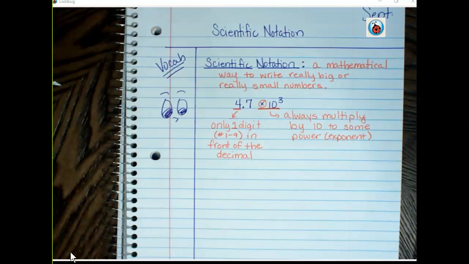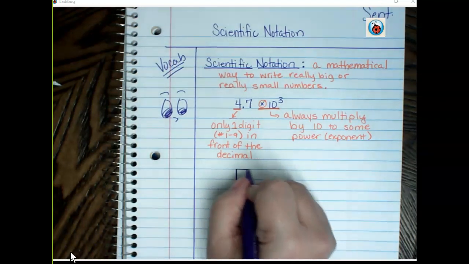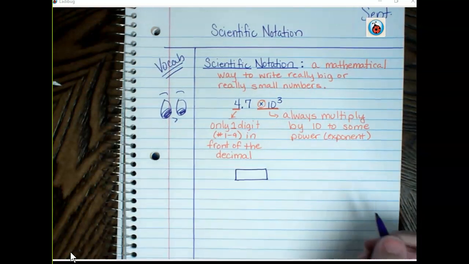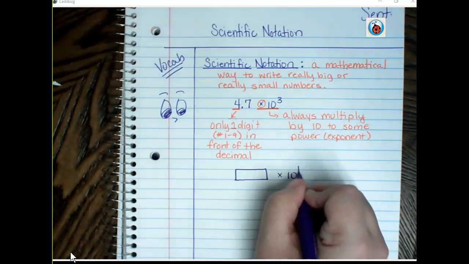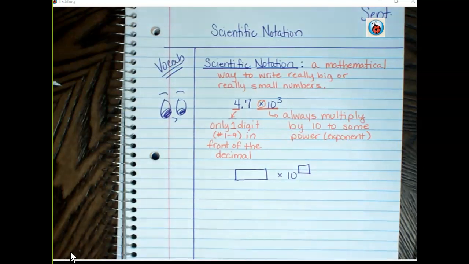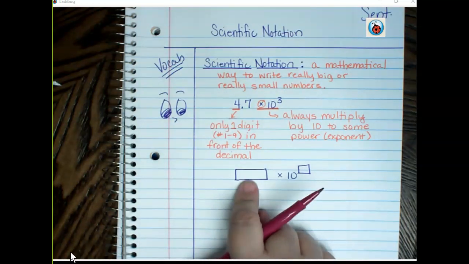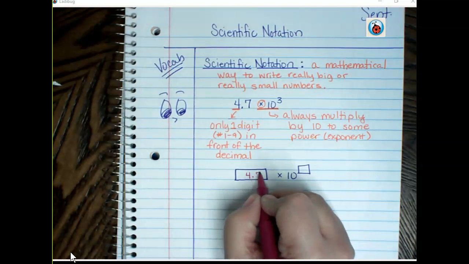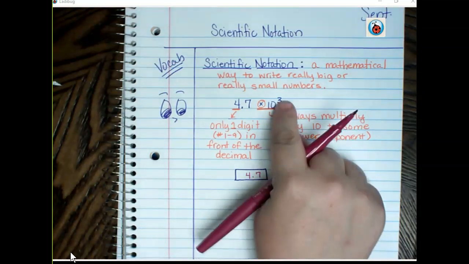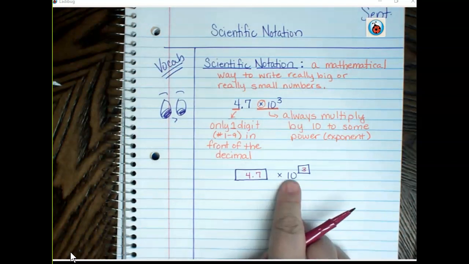Again, if it said 4.7 times 9 to the third power, that is not scientific notation. It's always going to be the 10. So when you think of scientific notation, you can think of it as some number times 10 to some exponent. In our example up above, my first number was 4.7 times 10 to the third power. The 10 always stays the same.